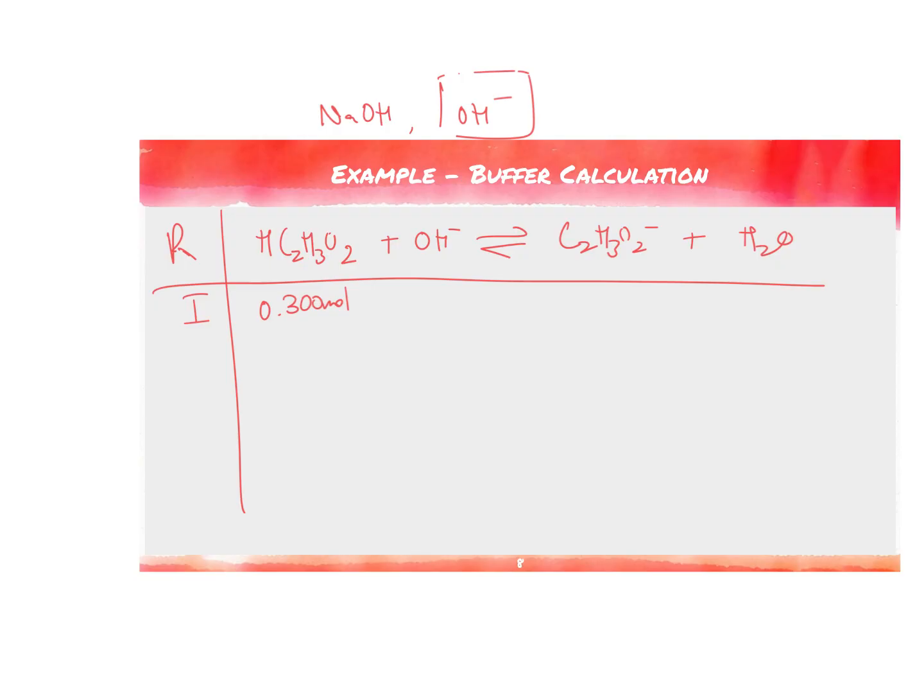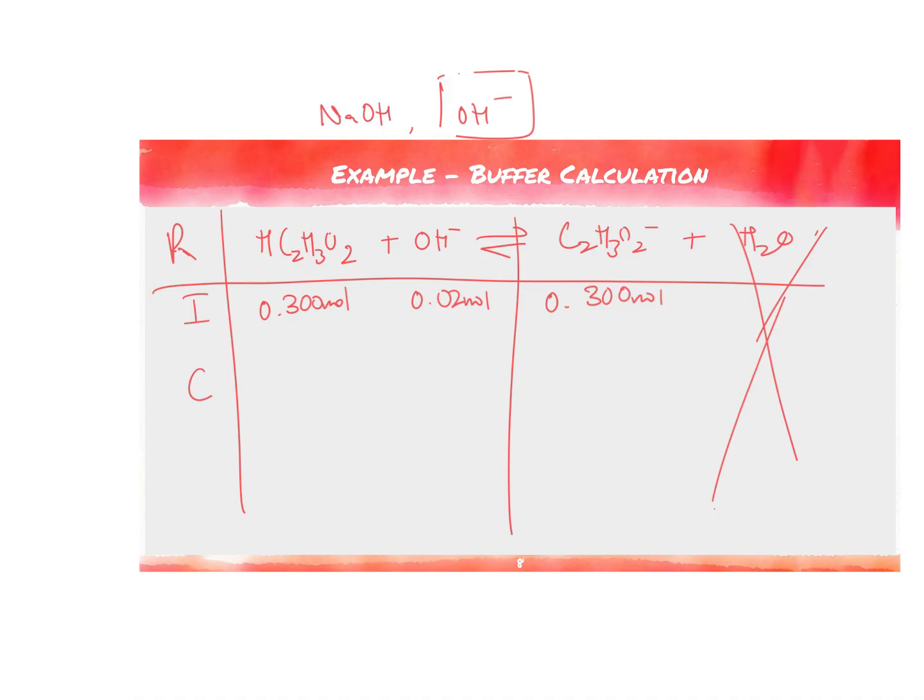We're also told that we add 0.02 moles of OH minus. Initially, we have the same amount of acetate, 0.300 moles, and of course we always ignore the water in the reaction.